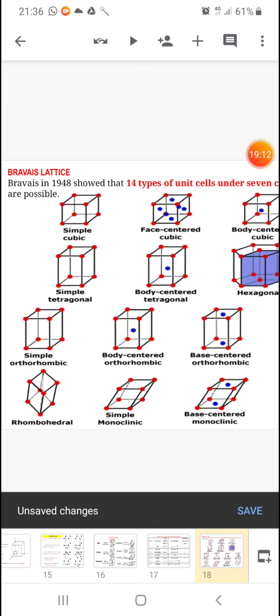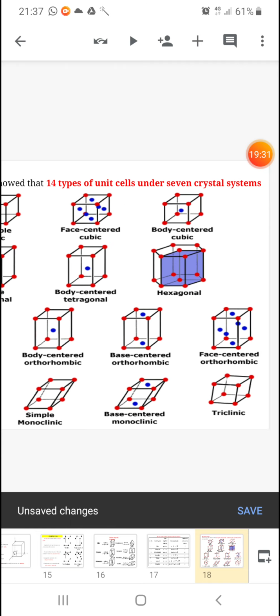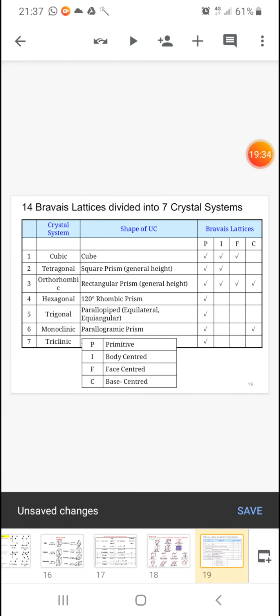And the last system is triclinic system where a ≠ b ≠ c and alpha ≠ beta ≠ gamma, not equal to 90 degree. Example is CuSO4. These are the 14 lattices belonging to the 7 crystal systems.